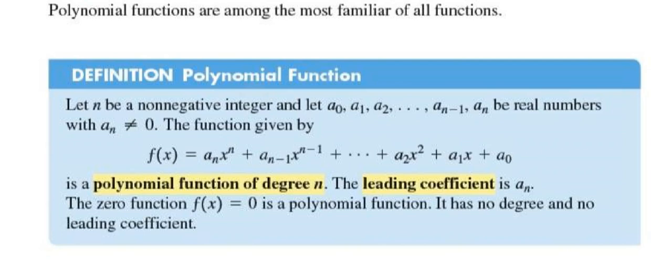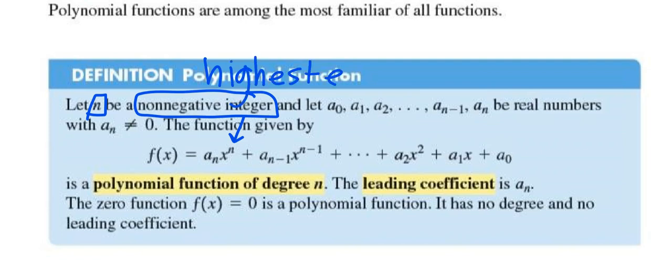First thing you need to see, it says let n be a non-negative integer. Now, what is n? n happens to be the highest exponent, and that has a cool name.